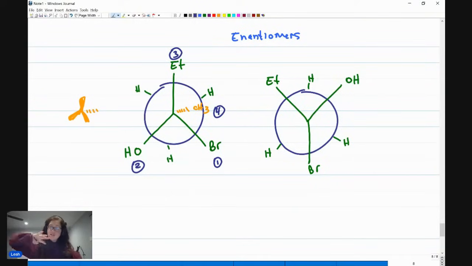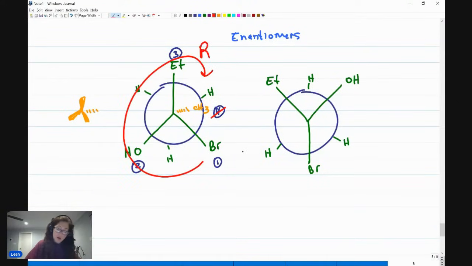And now we do the same approach that I would with a regular chiral molecule. Make sure number 4 is in the back and cross it out. 1 to 2 to 3, this is R. And because I already established that they're enantiomers, this is S. Was that faster than anything else you could have done? 3-dimensional redraw, Fischer projection, unicorn projection.